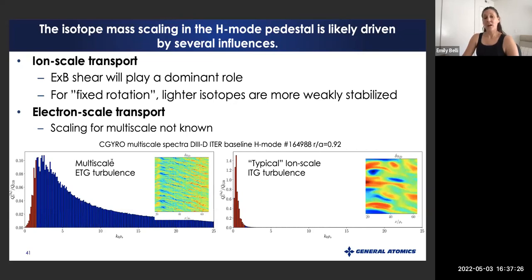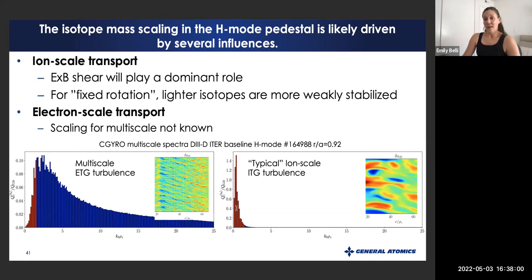Shown here are the multi-scale density fluctuations for both the ETG and ITG, along with the wave number spectra, which incorporates both ion scales with k_theta rho_i on the order of 1, shown in red, and electron scales with k_theta rho_e on the order of 1, or equivalently k_theta rho_i on the order of 10, shown here in blue, where the turbulent spectrum peaks. Typical ion scale simulations would include only the wave number spectrum given here in red.